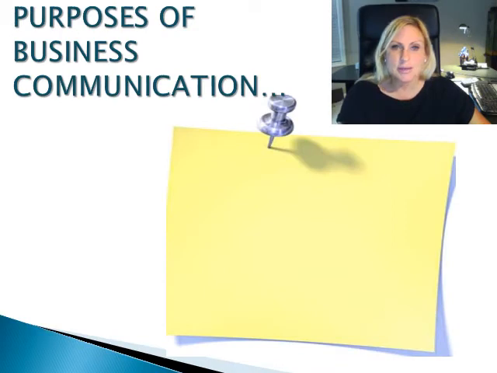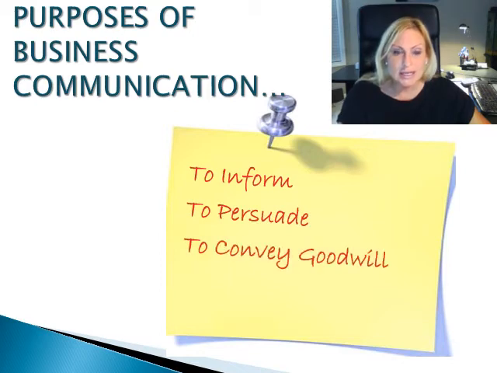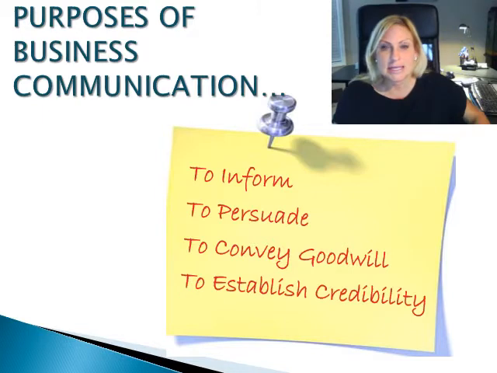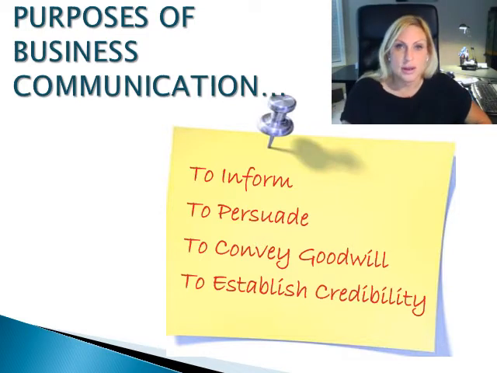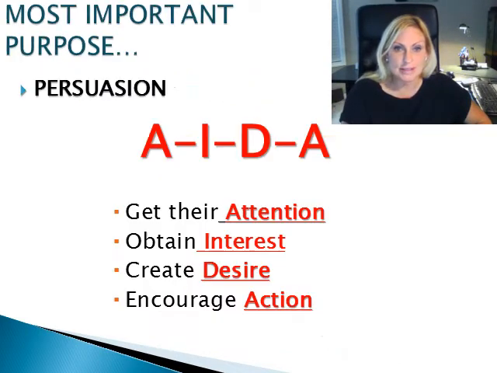Now, as I mentioned, the purposes of business communication are to inform, to persuade, to convey goodwill, as well as to establish credibility. So this chapter really points out those different elements, and in upcoming chapters they will also mention these 4 important facts.